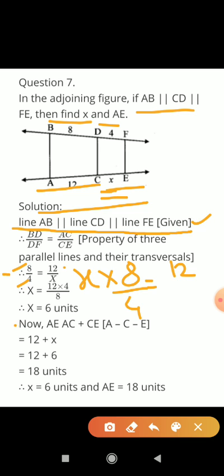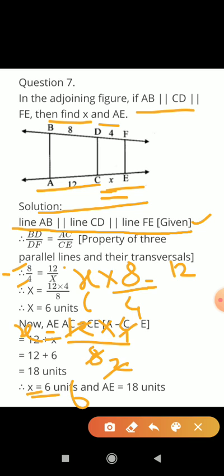Then we can write this X is equal to this 12, and this divide 4 becomes multiply, so 12 into 4 divided by 8. Now simplify this one. So 4 2s are 8 and 2 6s are 12. So here X is equal to 6. So X becomes 6. So this length X is 6 units.